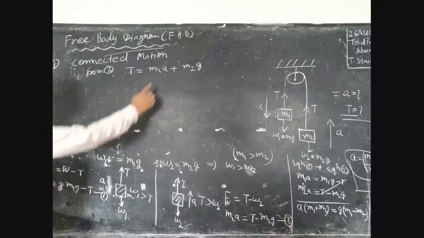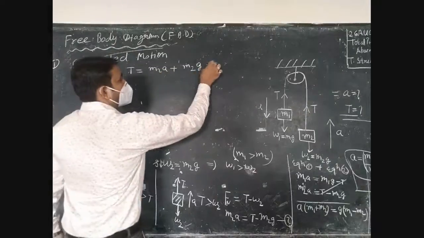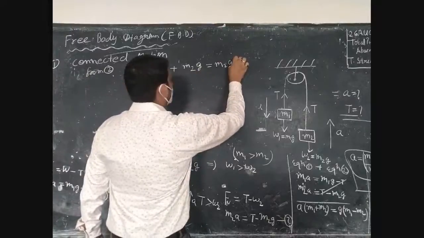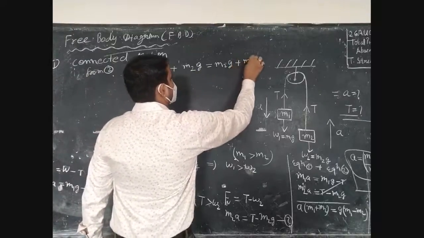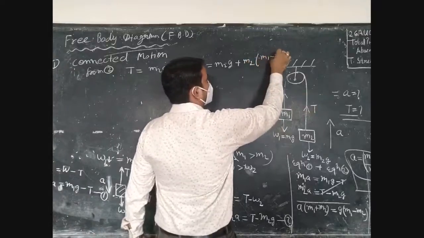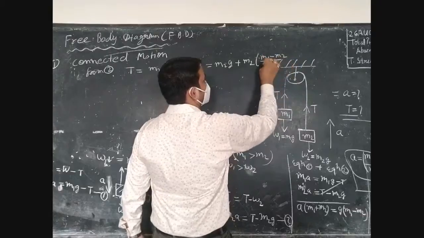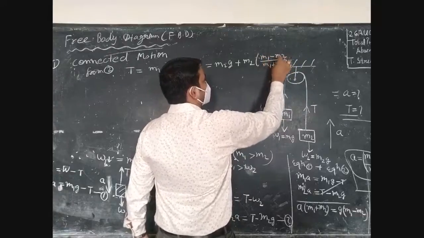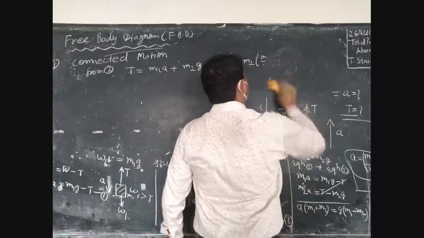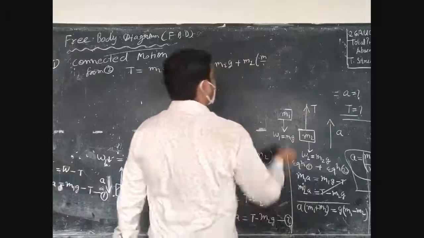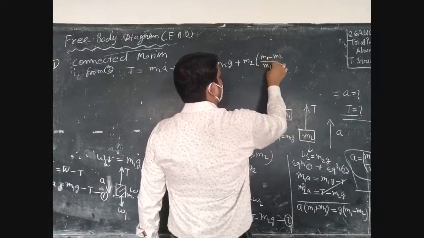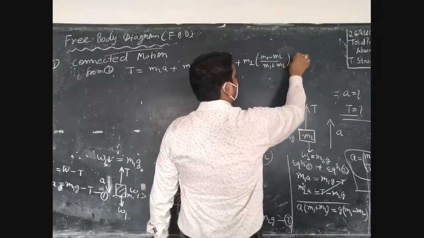Use the relation for a here, so you will get m2g plus m2 times (m1 minus m2) upon (m1 plus m2) times g.